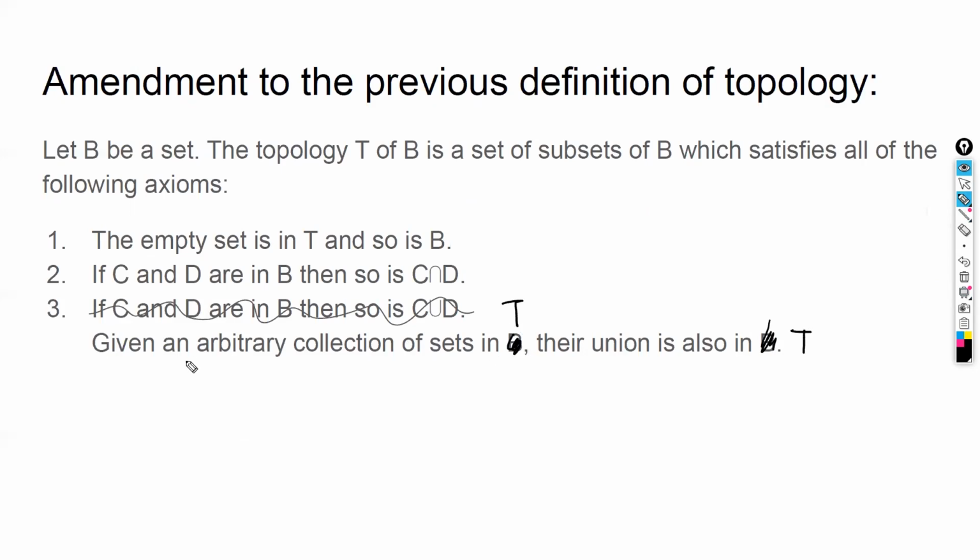So I can now take an arbitrary collection of sets, and I can take the union of all of those things, and arbitrary means possibly infinitely many.